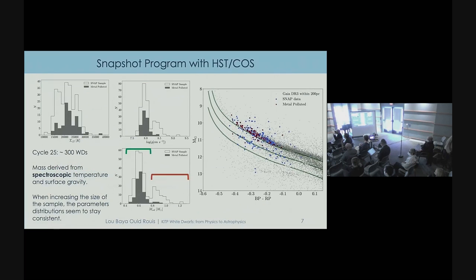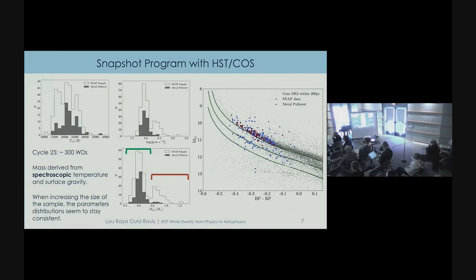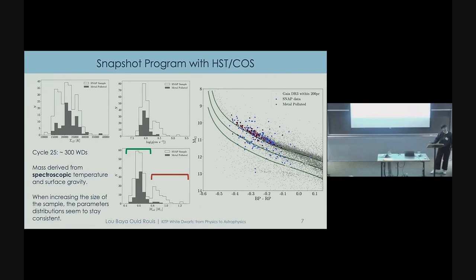So these are the temperatures. And then for the more massive ones, they're closer to 20,000 on average. Something like that. Okay, thank you. Yeah, of course. We still have a bit of time if there are more questions.